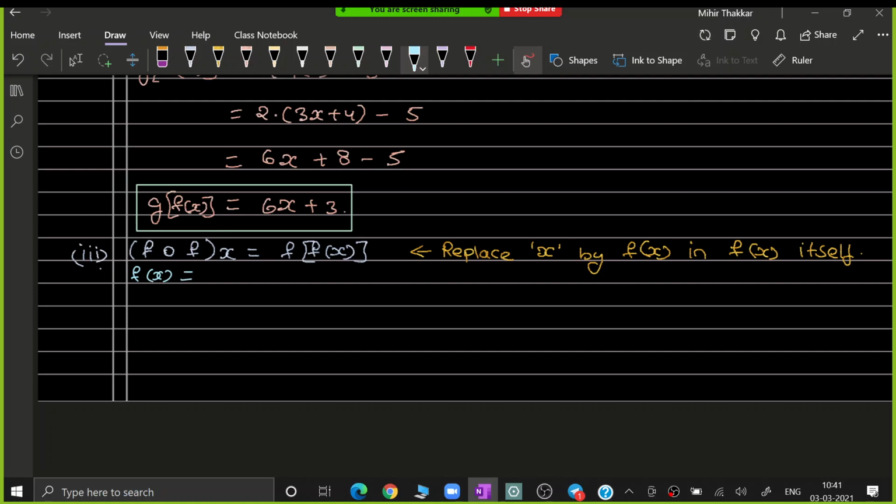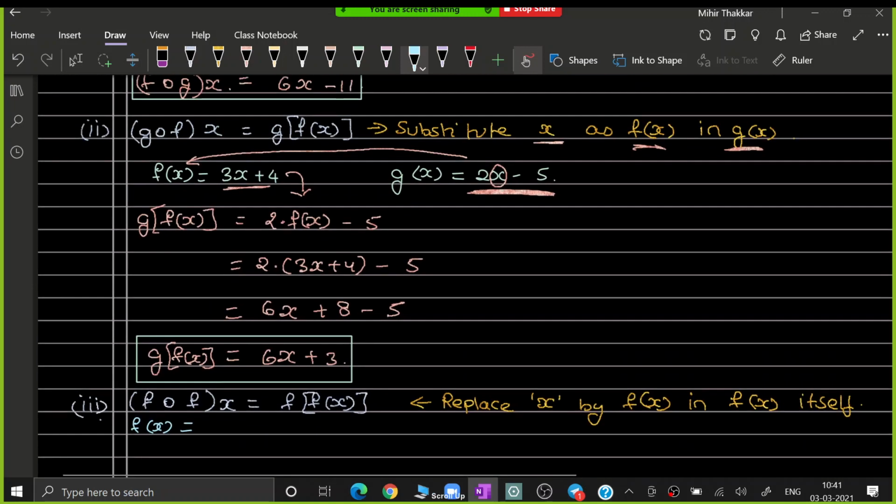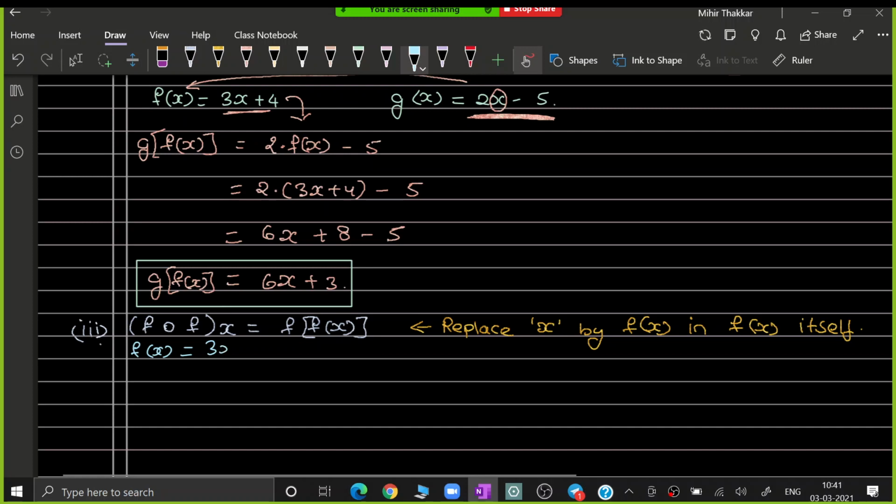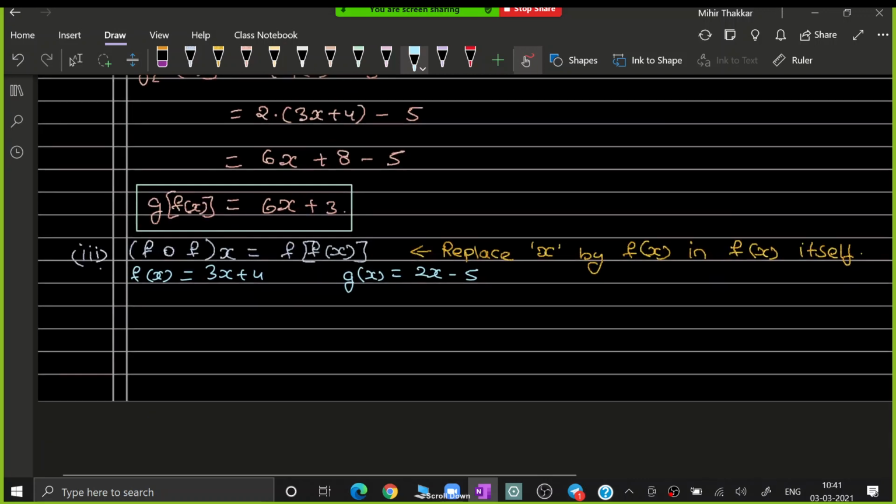I will continue the same example. Your fx was 3x plus 4 and your gx was 2x minus 5. Though this is not required over here, so we did not worry about this. Because we are talking about f of fx, as I told you just now, f of fx will be equal to 3 times of fx plus 4.